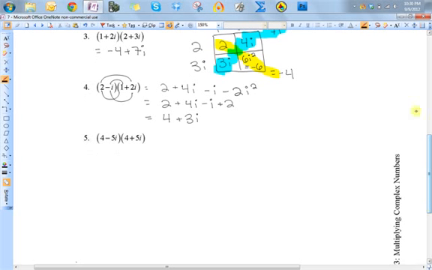Let's try the last one, and I'll do this one using FOIL. So first is 16, then outside is plus 20i, then inside is minus 20i, and then last is -25i squared.